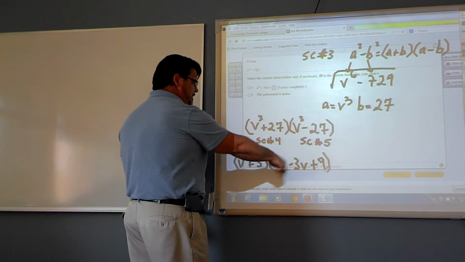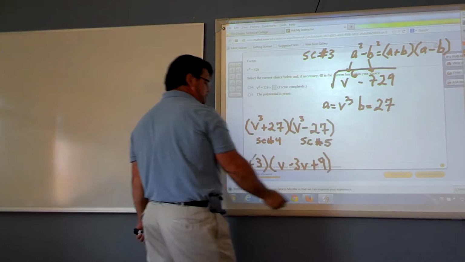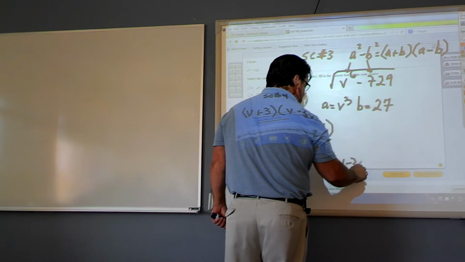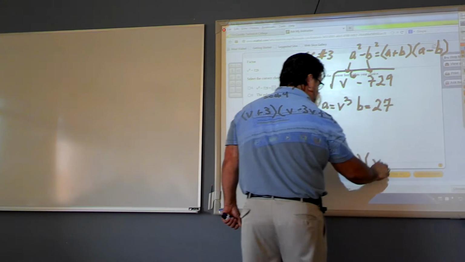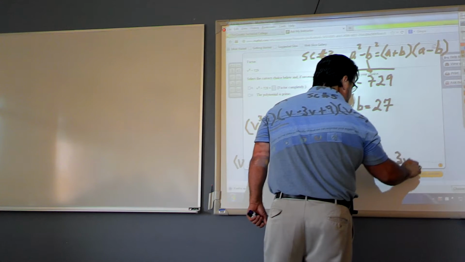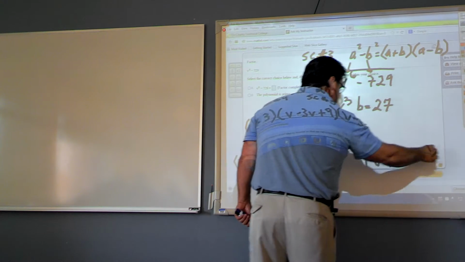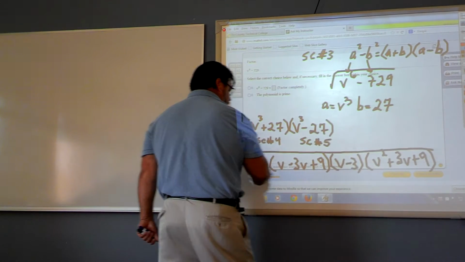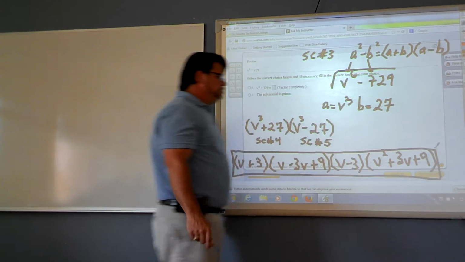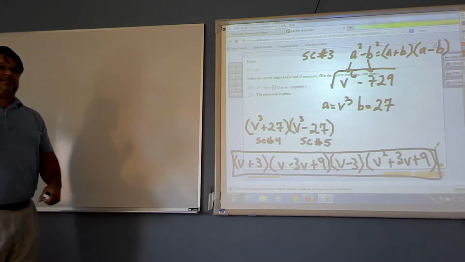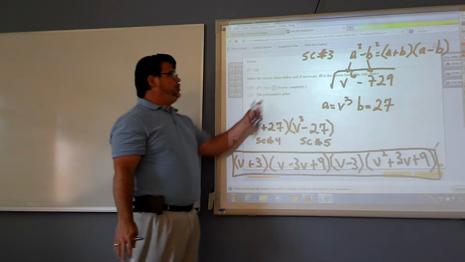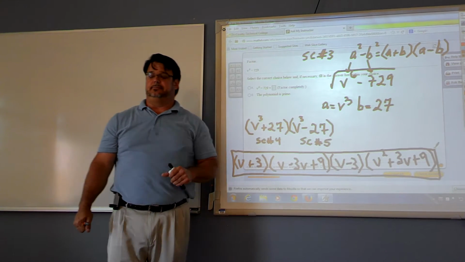And then the same thing, except you're going to switch the signs: b minus 3 times b squared plus 3b plus 9. And that's your answer. That is the answer if you use shortcut number 3 first.